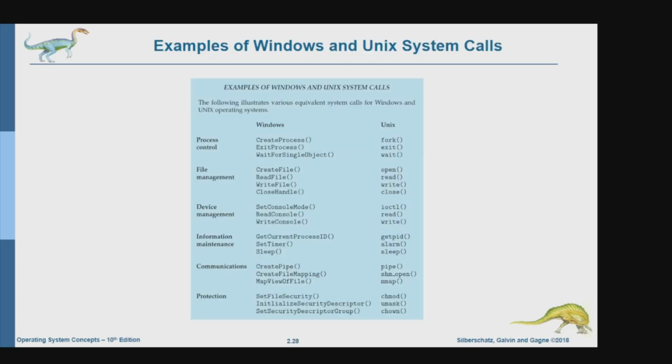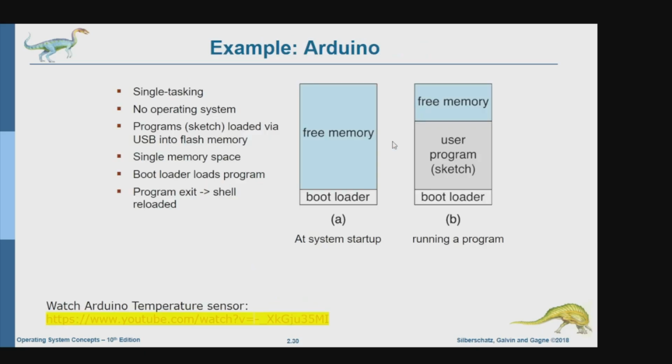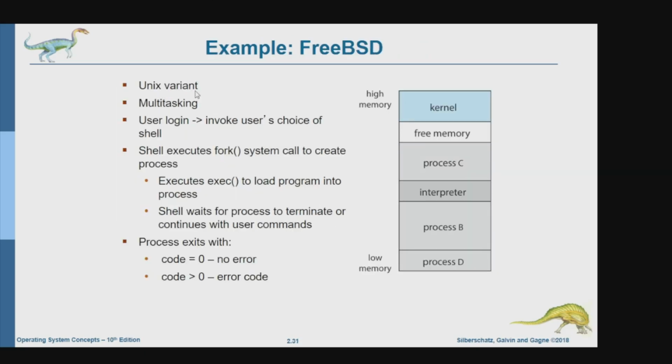Okay, this one, Unix variant. So we use the fork function, the system call, to create the process, and then execute the exec function to load the program into the process, and then the shell waits for the process to terminate or continues with the user command based on what commands were sent.